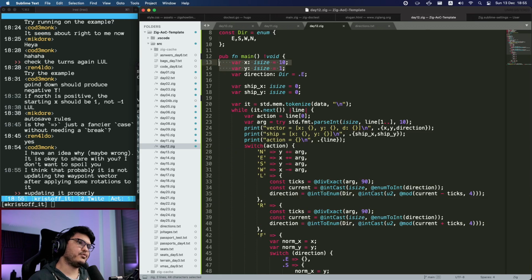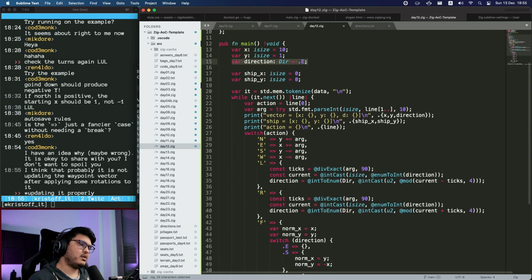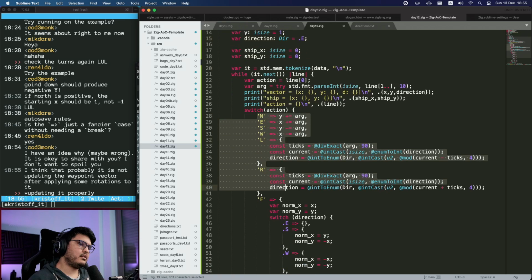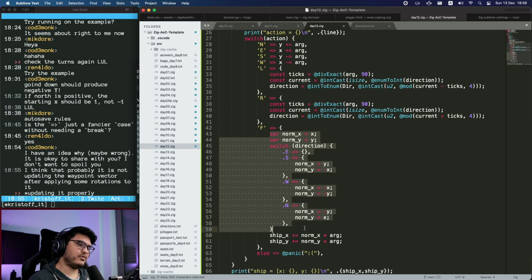I never update it to, like, what do you call them? Modules? Magnitudes? I change the direction in them. And this code wasn't changed. This is the original code.